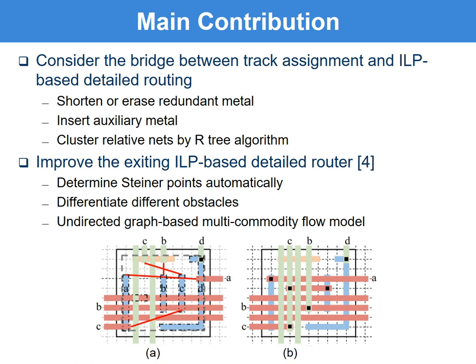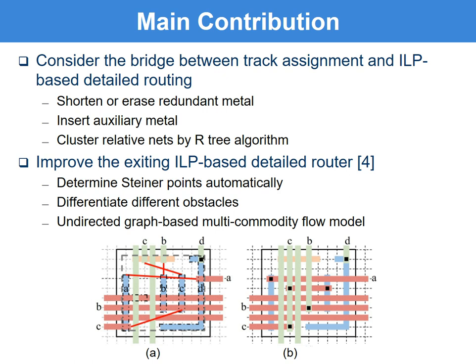In this paper, we outline the various steps involved in the pin access-oriented detail routing method, which includes shortening or removing redundant metals, inserting auxiliary metals to simplify complexity, and clustering related routing nets using an efficient R-tree algorithm. We also address some of the shortcomings of the ILP formulation proposed in reference 4.